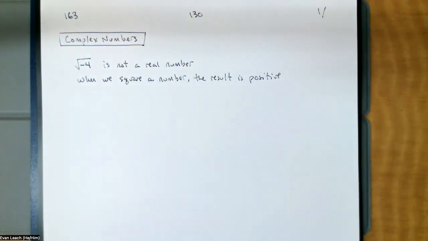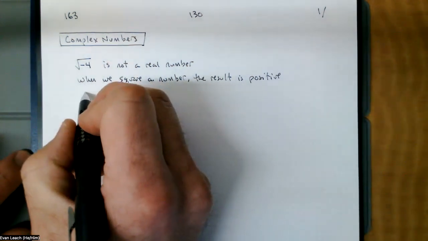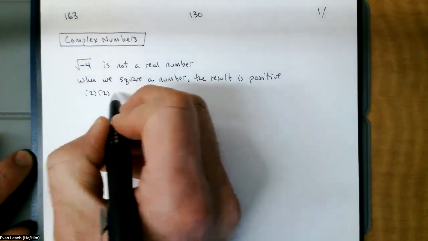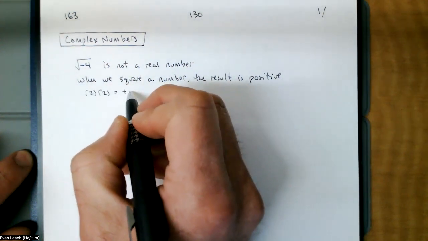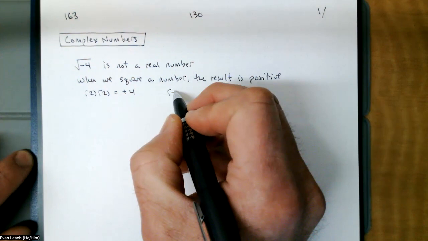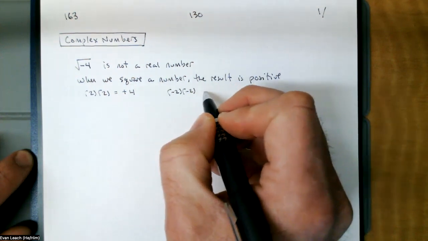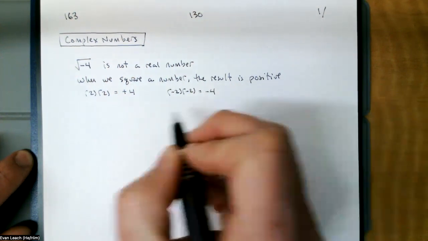Because I'm taking two copies of the number and multiplying them, those copies have the same sign. So 2 times 2 is +4, and -2 times -2 is also +4.